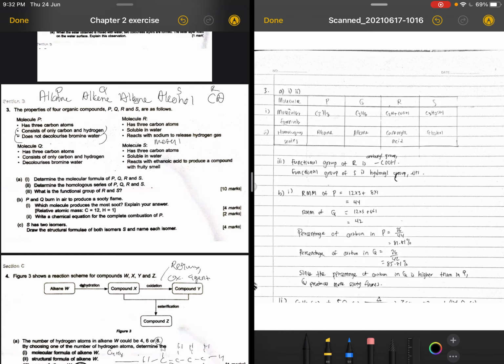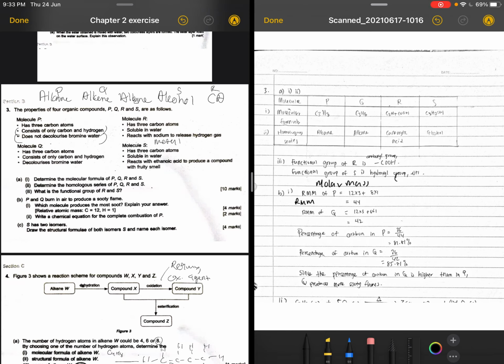How do we do calculation? First of all, we need to determine the molar mass or the relative molecular mass. You can either do RMM or molar mass, both work, of P and Q.